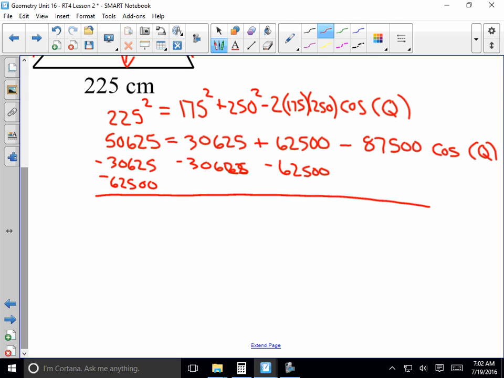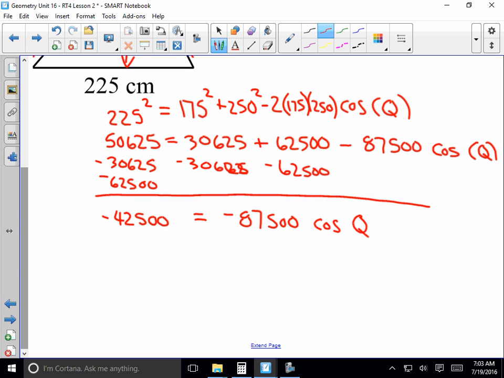And once I've done that, 50,625 minus 30,625 minus 62,500, we get negative 42,500. The fact that it's a negative value is not cause for alarm mathematically, because if you notice, we have a negative on the other side.